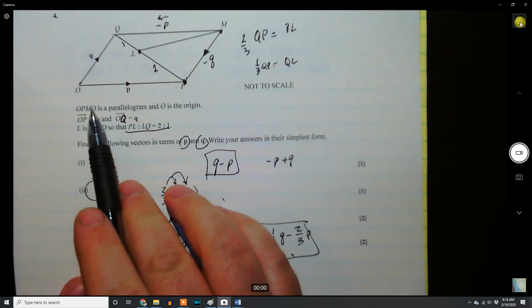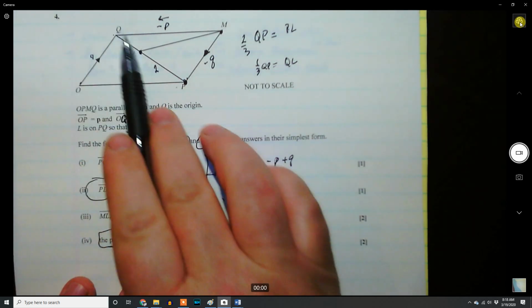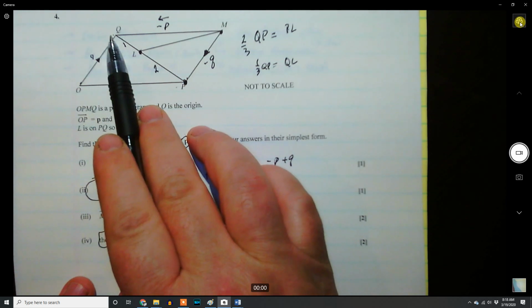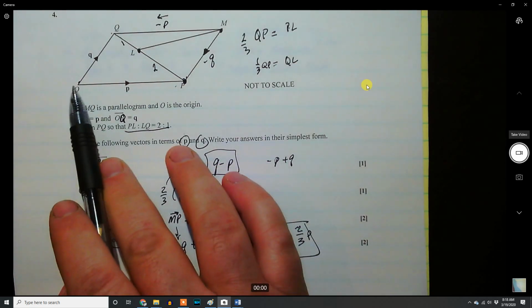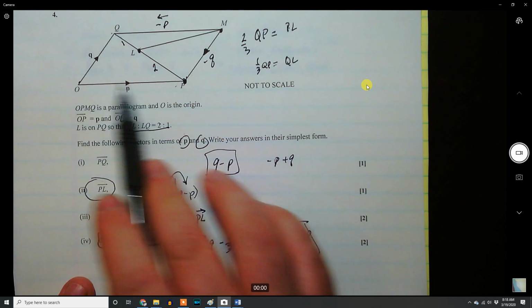We already did that work instead of figuring out how to go from O to Q and Q to L. Since we already figured out how to go from P to L, we know how to go from O to P.